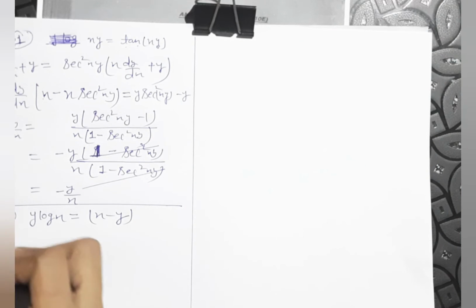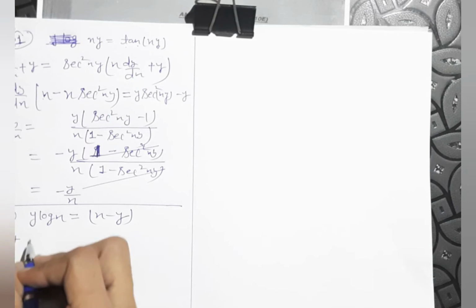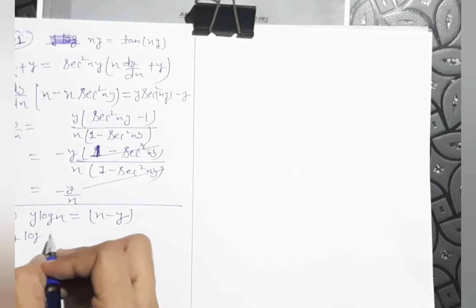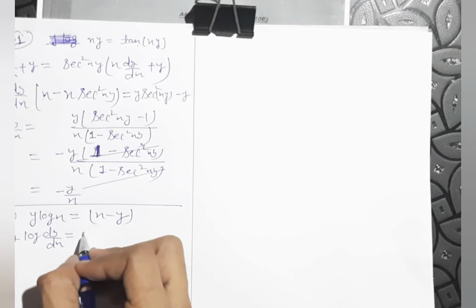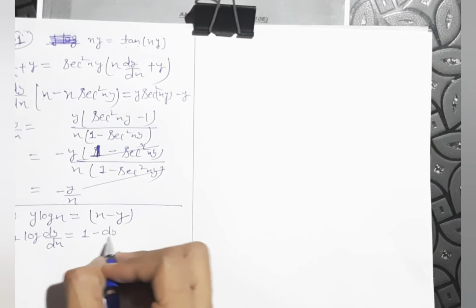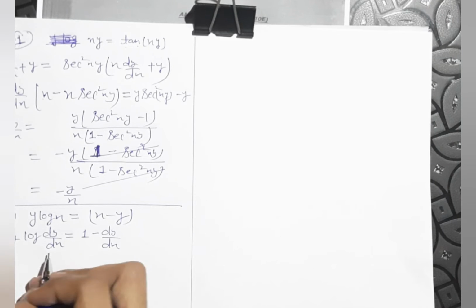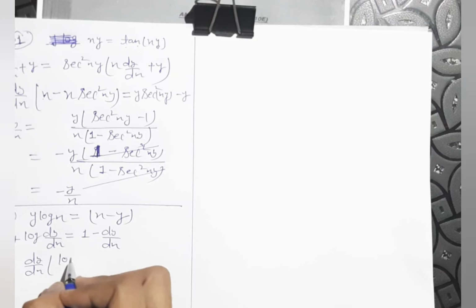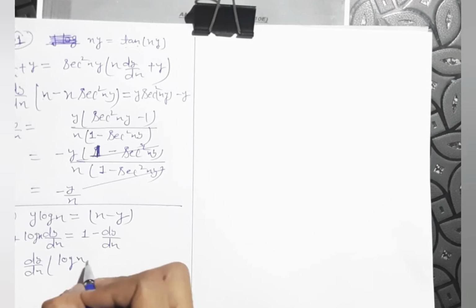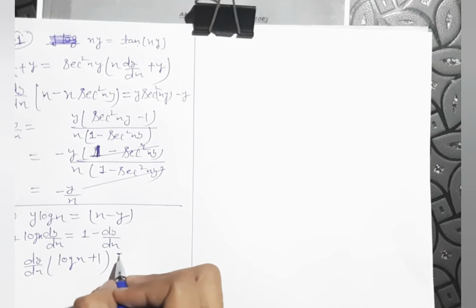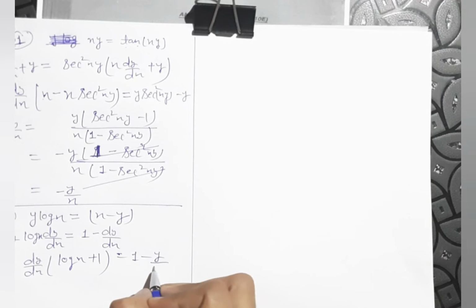So same, y is same, log x is just 1 over x, and plus now log x is same and y is dy/dx, equal now x is 1 and y is just dy/dx. Let me take common dy/dx. So dy/dx is common, and log x, so this is x log x, and this is plus 1 equal 1 minus y/x.